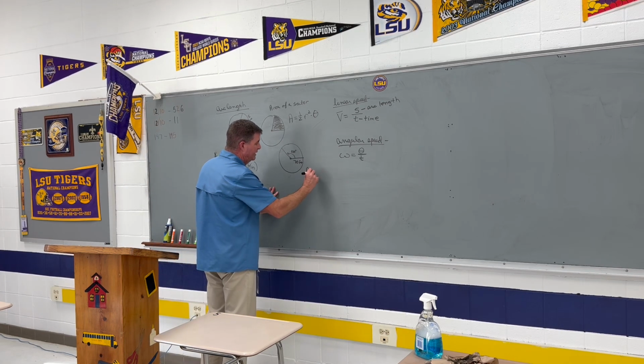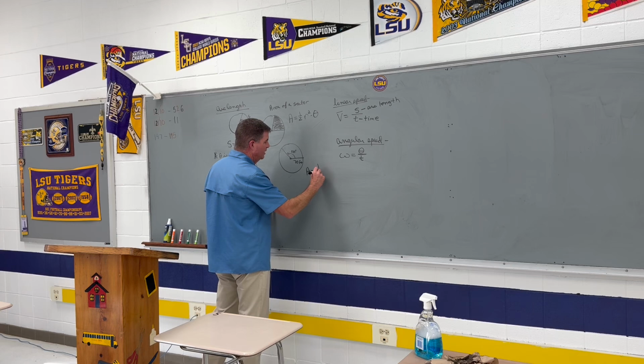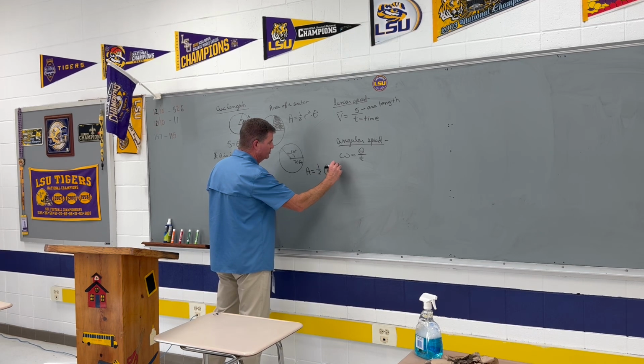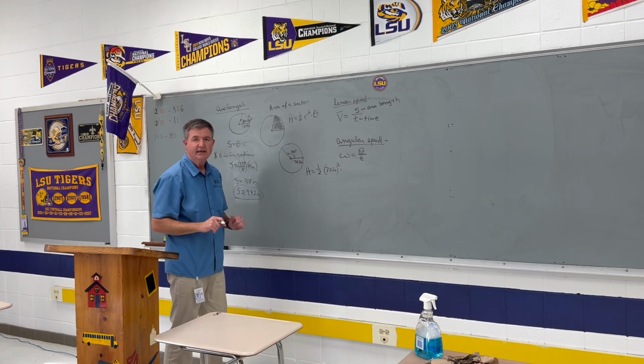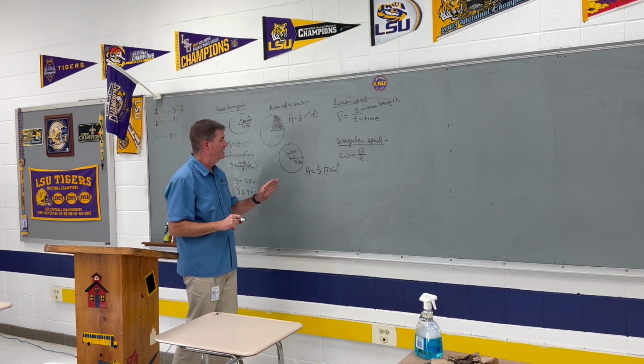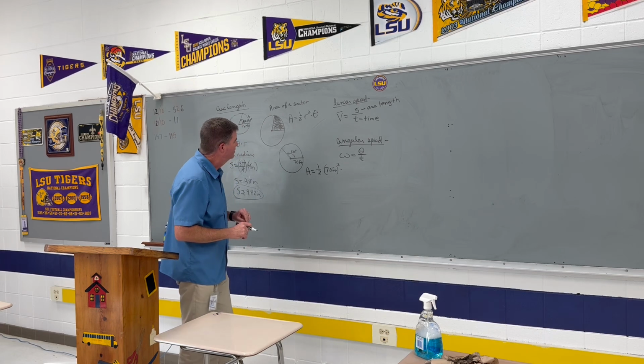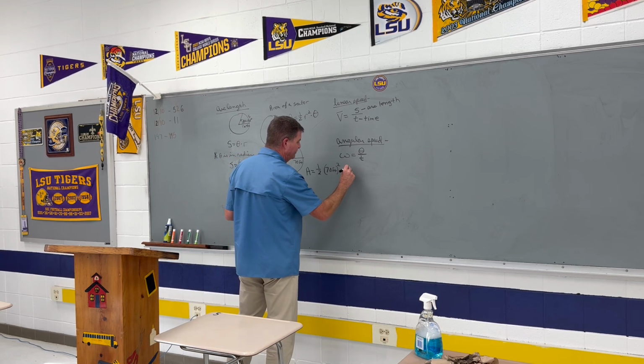So I have area is going to be equal to 1/2 of what? 70 feet, and we're going to square it, and then times theta, well, 120. Theta is going to be what as a radian? 2 pi over 3 radians.